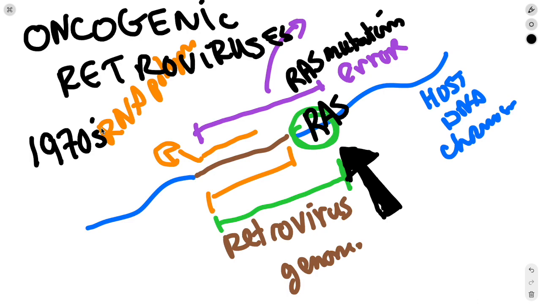But also, it could just be fine. RAS could be fine, and then later it picks up a mutation because it's just being dragged along in the retrovirus replication cycle, and there's really high rates of mutation errors in retrovirus copying. So pretty quickly it could pick up a mutation. Then it's forever cancer causing, right?